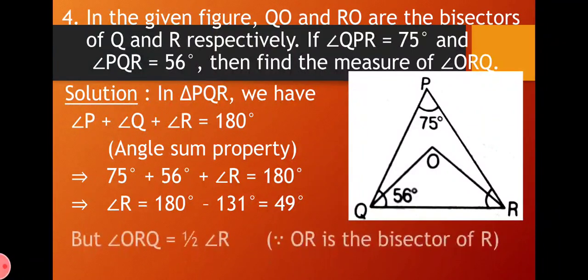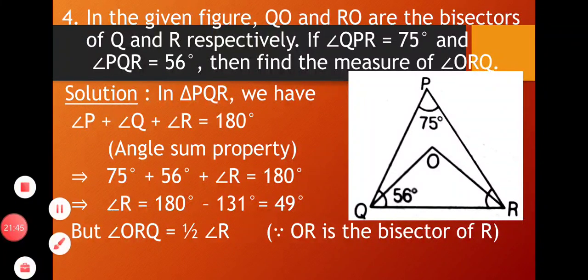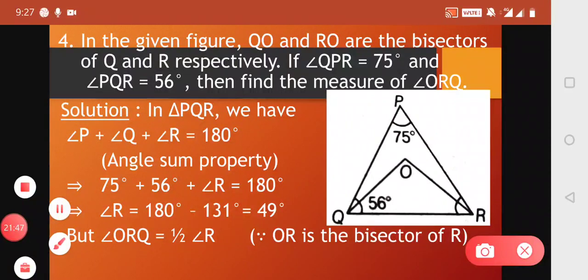But angle ORQ is half of angle R. Yes, we can see that ORQ, this is your ORQ, which is half of whole angle R, because it is given in the question that OR is the bisector of R. Means OR divides the angle R into two equal parts.